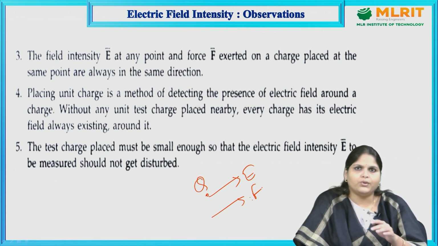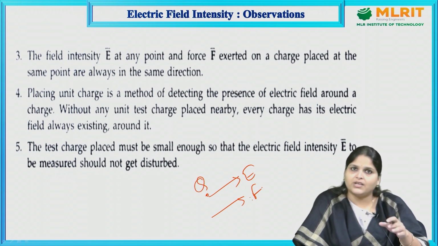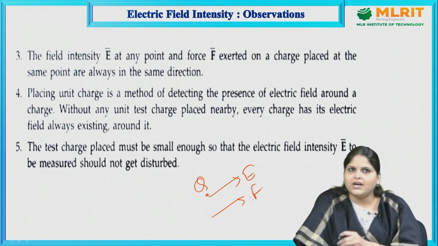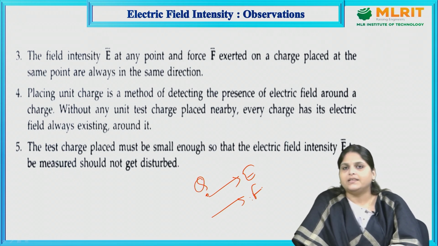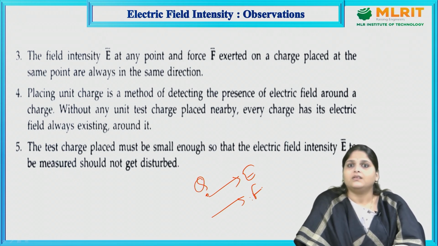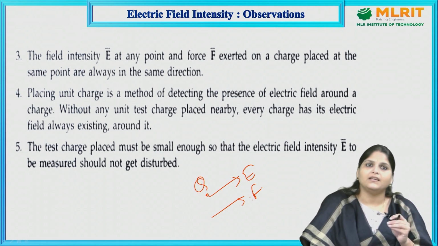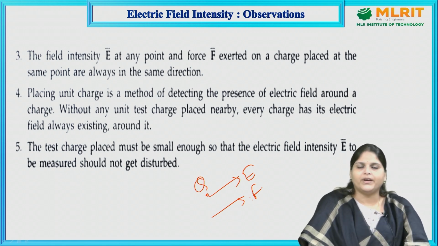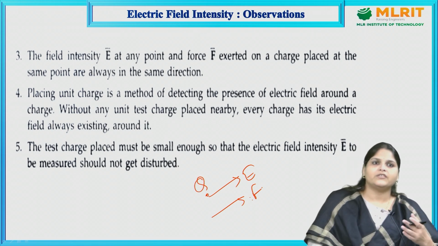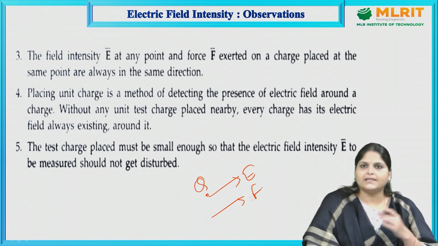Without any unit test charge placed nearby, every charge has its electric field, always existing around it. Another one: the test charge which is placed must be small enough so that the electric field intensity E to be measured does not get disturbed. So these are the 5 observations which we must consider.